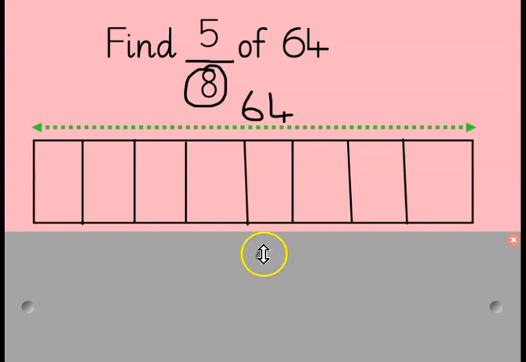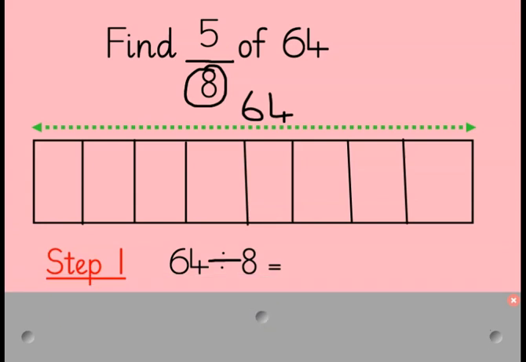Right, so step 1. We need to work out what 64 divided by 8 is to give us the size or the amount or the quantity in each of my 8 sections. 64 divided by 8. So straight away 64 is a squared number. I know 8 8s are 64, so therefore 64 divided by 8 is 8.